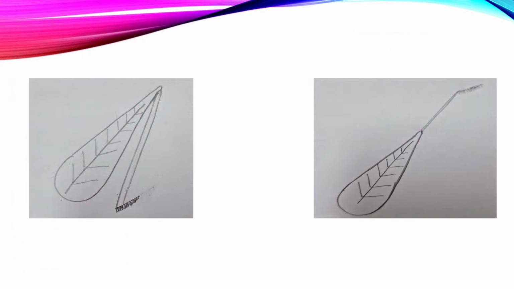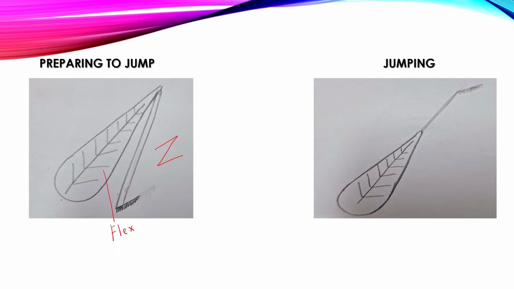Okay, let's see. When the grasshopper wants to jump, they will undergo two processes. First, they have to prepare to jump. Second, they will jump. So during preparation, the hind leg will look like a Z shape. Okay, so this one is their flexor muscle, and this one is the extensor muscle.